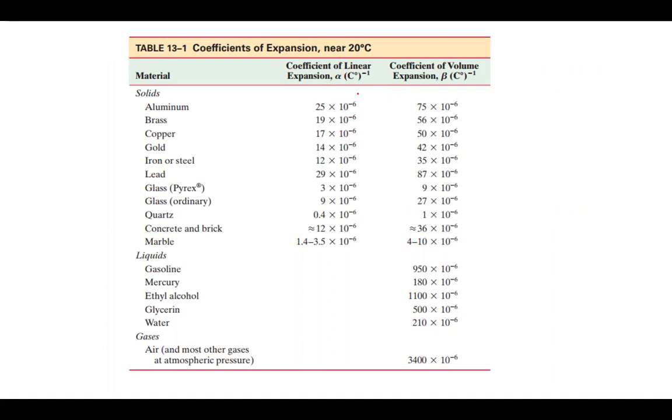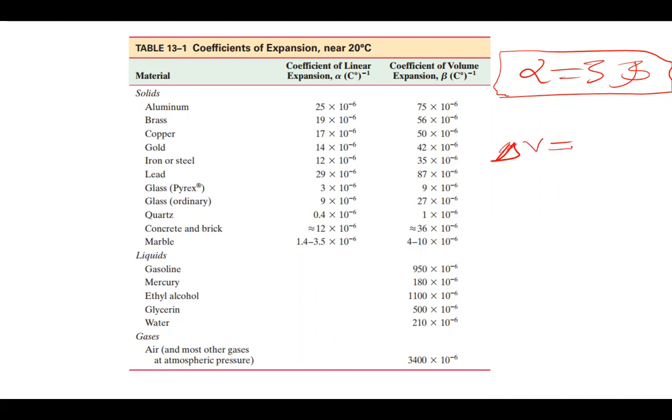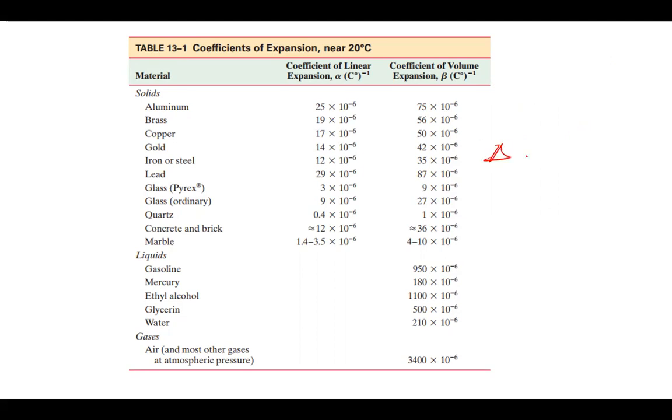The relationship between alpha and beta is that beta is equal to 3 alpha. You need to master this as well. You might be given a question involving the change in volume, because you know the change in volume uses the same equation we had, but instead of alpha you have beta, then V, and then the change in temperature.